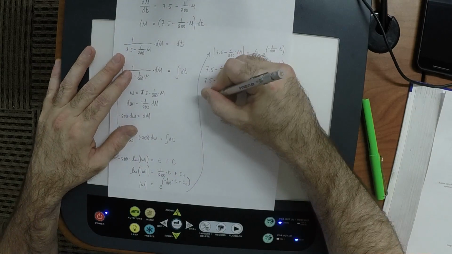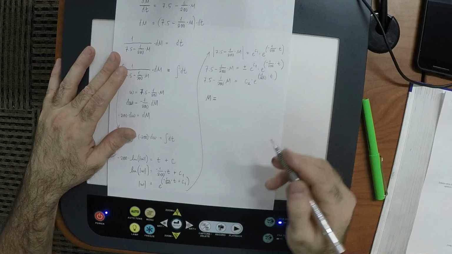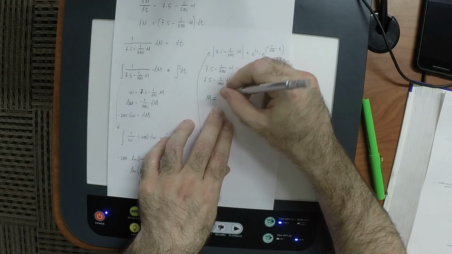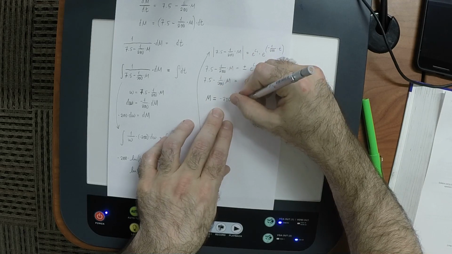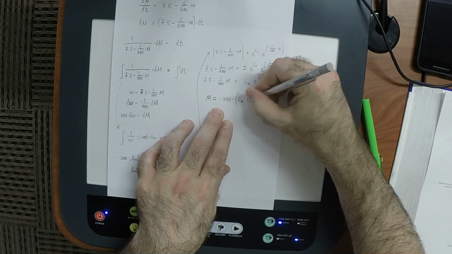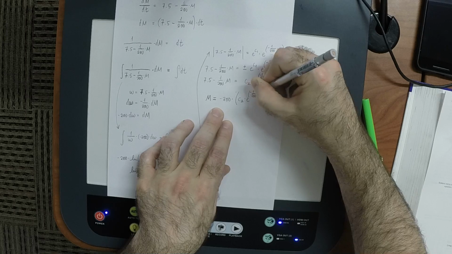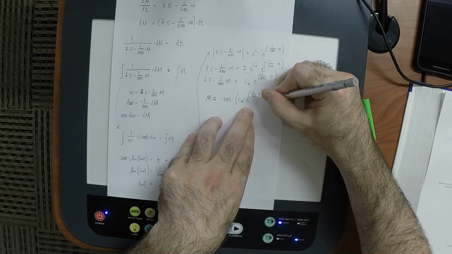So I'll do that quickly in one step. What would that give us? Well, it would be negative 200 multiplied by C2 exponential of negative 1 over 200 t, and then moving the 7.5 over.